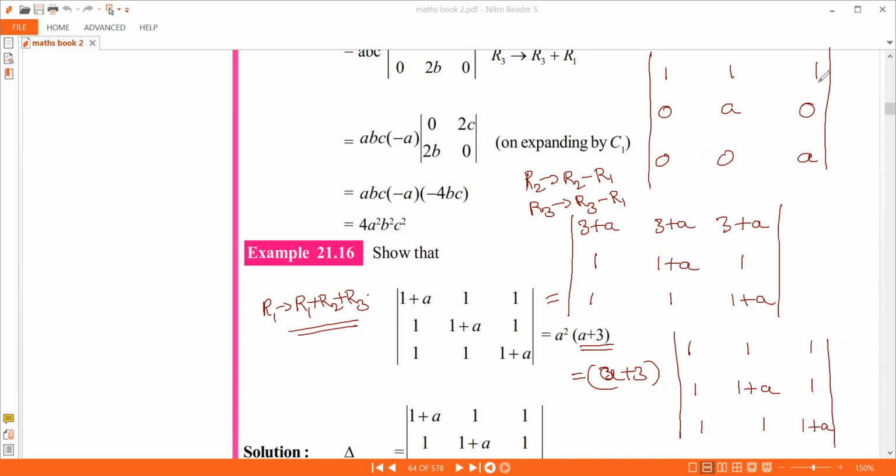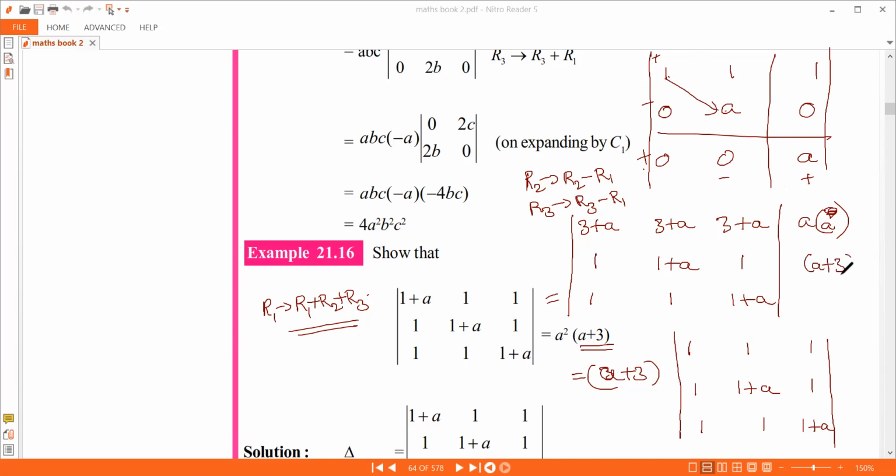You need not evaluate from the first. We evaluate from here, with signs plus, minus, plus. The first 2 are 0. So for the last one, it is 1 into a into a, that is a square, and a plus 3 is outside.